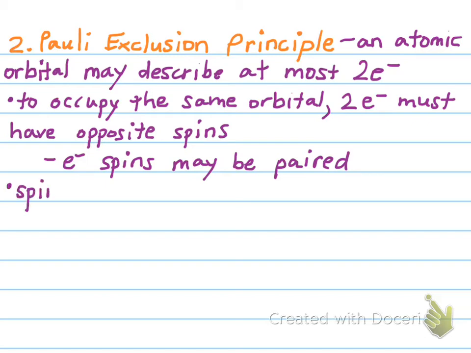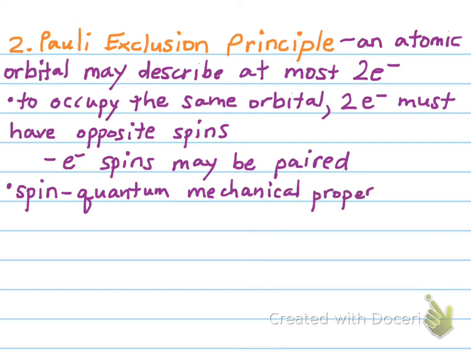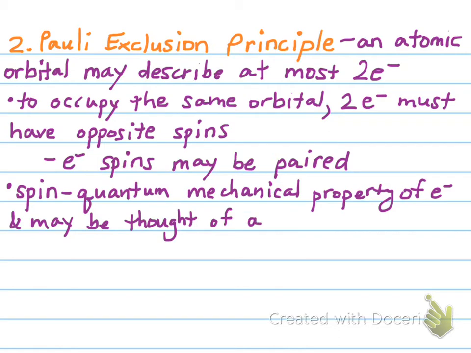Spin is a quantum mechanical property of the electron and may be thought of as clockwise, oops, not cloudwise, clockwise, and counterclockwise.